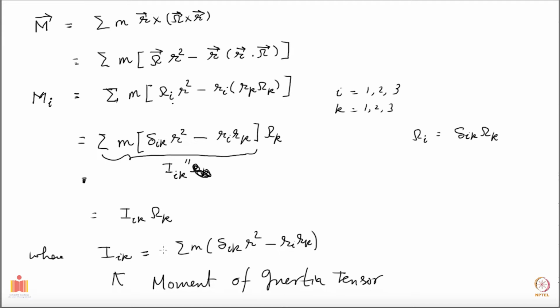So what does this matrix look like? Before that, let me just emphasize this formula, that the ith component of the angular momentum is given by this product of the inertia tensor times omega_k. Okay, that's good. Let me write down here again.